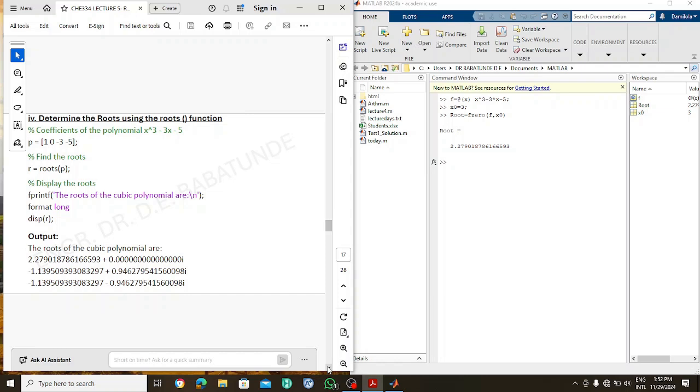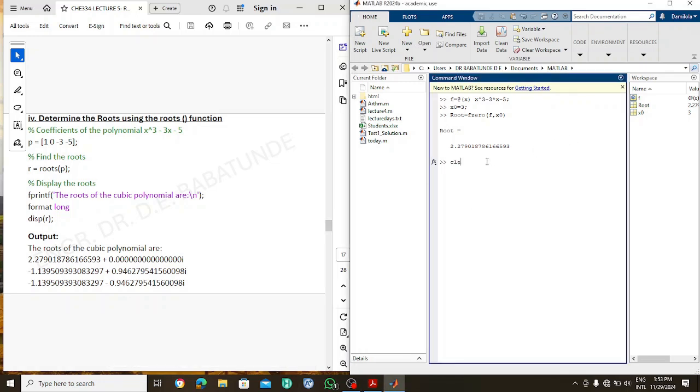Once you create a variable, which is a vector that contains the coefficients of all of the powers in your function, then it is that vector that you are going to pass inside the function roots. It's not complicated, just as easy as the fzero function. So what's the first thing? We want to create a vector that has the coefficients of all of the degrees inside the polynomial. So let's call it p.